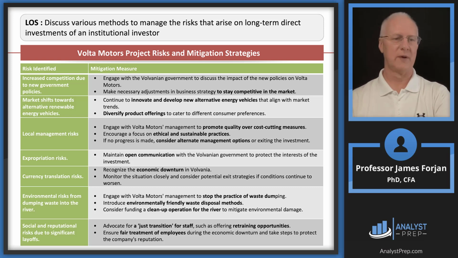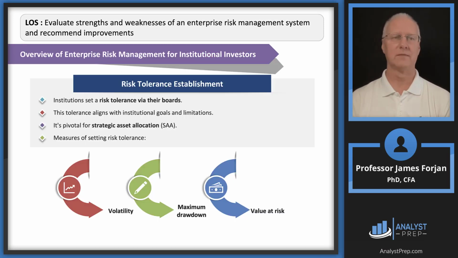Look at the obvious one, we just talked about this right in the middle there, expropriation risk. What do we do? Maintain open communication, right? Currency translation risk. We need to be aware of an economic downturn. We need to make sure that we know about all the derivative contracts that are out there. So take a picture of this, read through all those. These are just a summary of what we've been talking about throughout this slide deck.